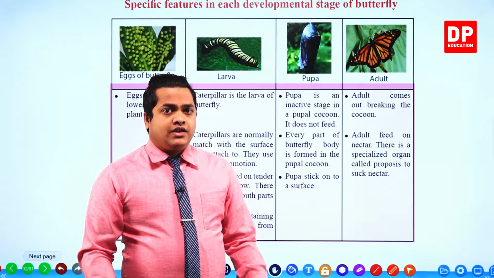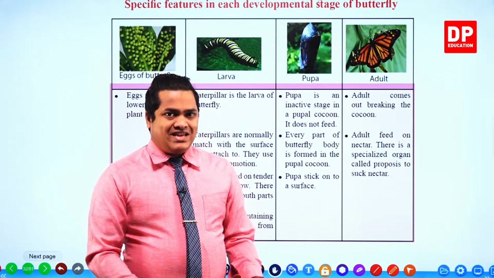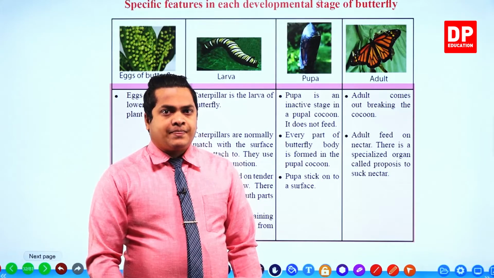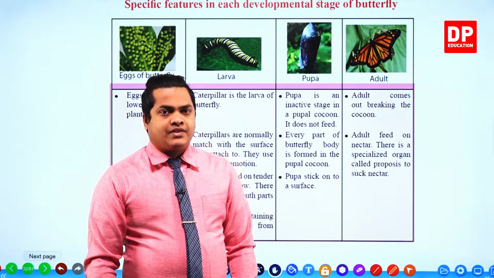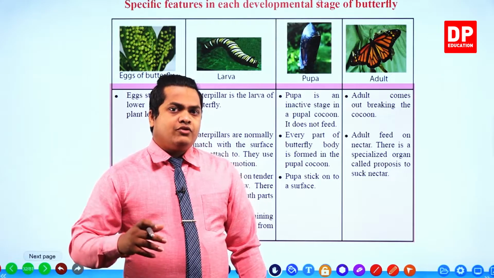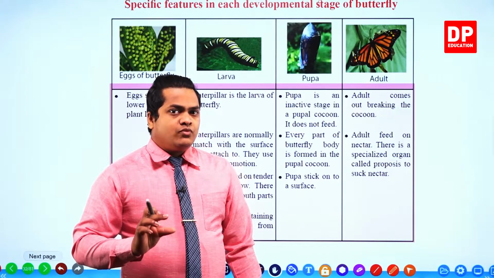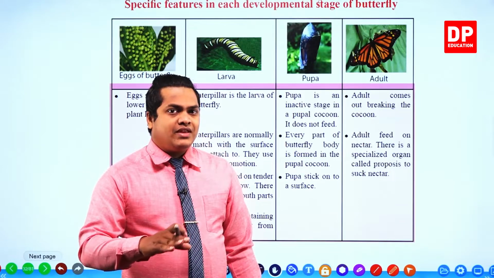Predators are the ones who are going to catch and eat these smaller organisms. So birds are the main predators of caterpillars. However, if they show camouflage, right, then these birds will not be able to clearly identify caterpillars from their environment.